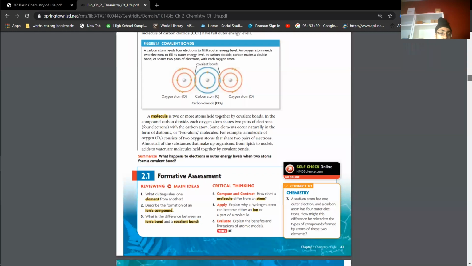Opposite charges attract each other, so the sodium and the chloride will attract, and this makes salts. So that's how an ionic compound is formed. So what is the difference between an ionic bond and a covalent bond? Type your answers in the chat.